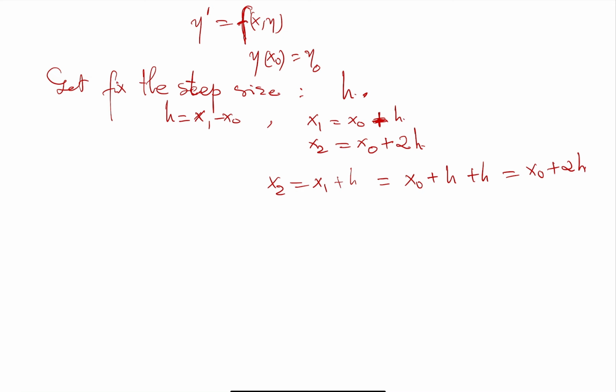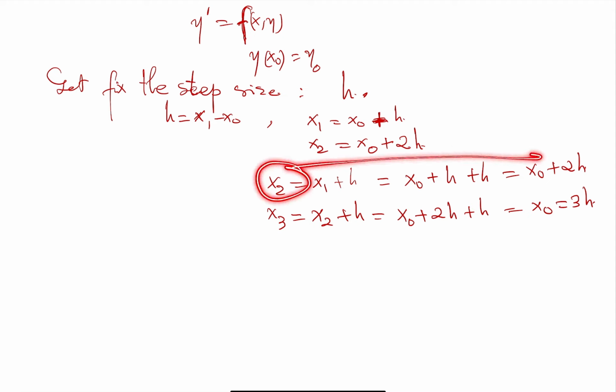Also, it's the same thing if you have x3 is equal to x2 plus h, which is x naught plus 2h plus h, which is x naught plus 3h. You got it? We just need this one and this one.